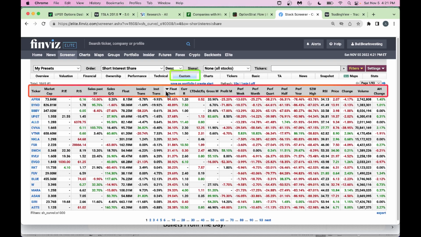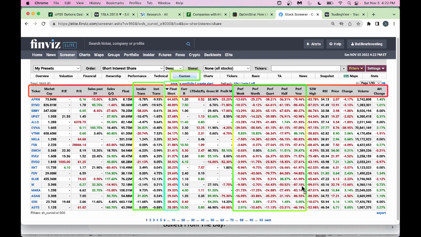As you see here, I got here insider and institutional trading here. I want to know whether the insiders and institutions are buying or selling. I want to know what the short ratio is. Look, we got the short ratio right here. And then we got here the performance. Look, we got performance all the way from 1 week all the way to 1 year. That's always good to look at.